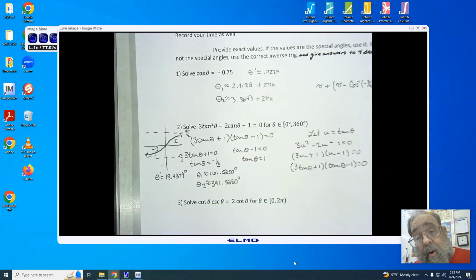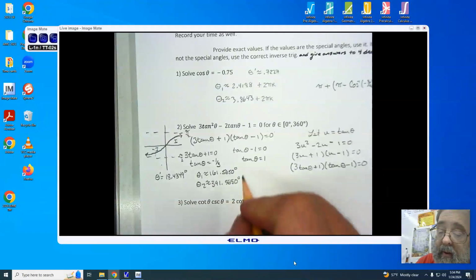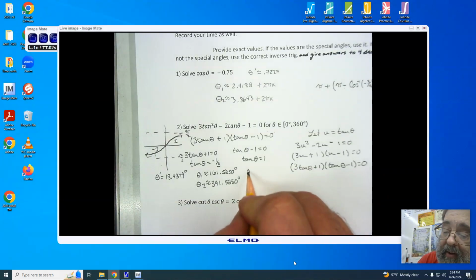Now, in order to figure out when tangent is equal to 1, we know this is when our sine and our cosine are congruent. Sine and cosine are equivalent at a reference angle of 45 degrees, and therefore in the first quadrant, my answer, and this will now be my third solution, is going to be 45 degrees.